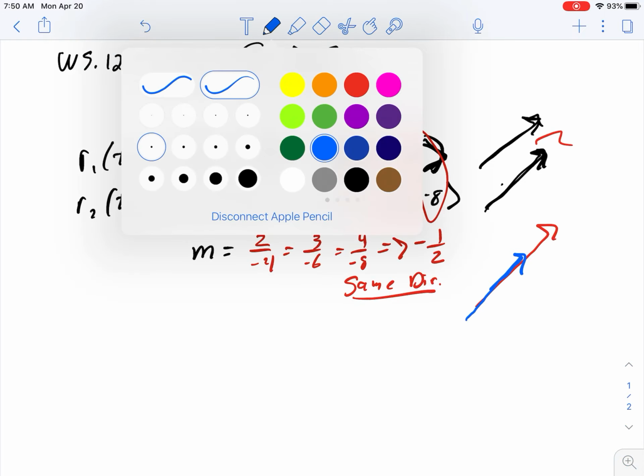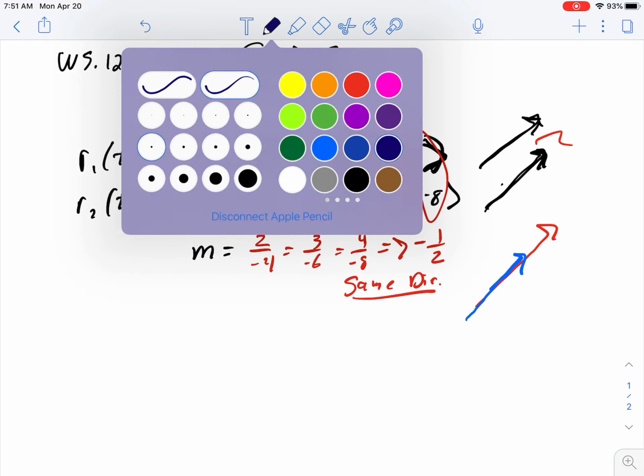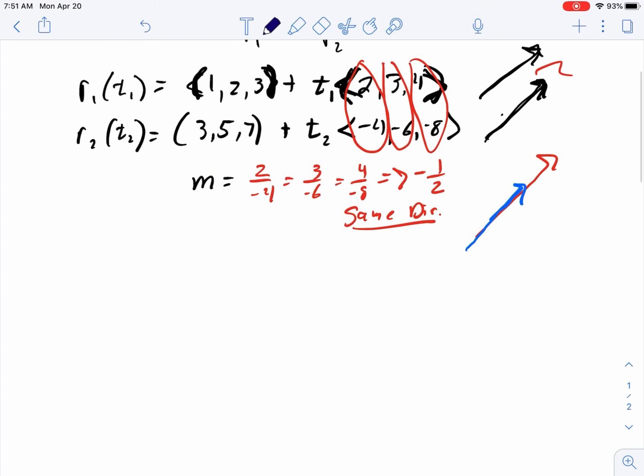So let's go through and solve it and see what happens here. What we've got to do here is separate the components. My first component, the x component, will be 1 plus 2t1, and we've got to keep track of the different times, and then 3 minus 4t2. Let's find my y component.